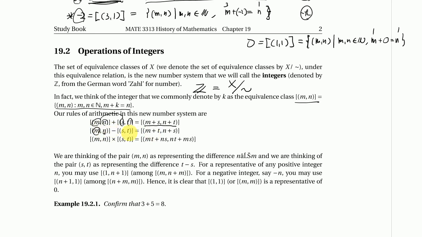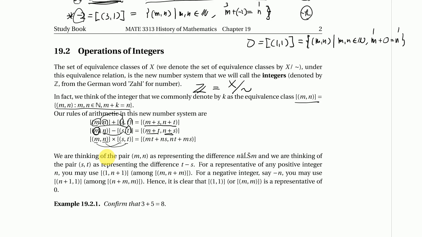The outside ones become the x coordinate, and the inside ones become the y coordinate of the result of subtraction. And multiplication is mt plus ns for the x coordinate, and nt plus ms for the y coordinate.